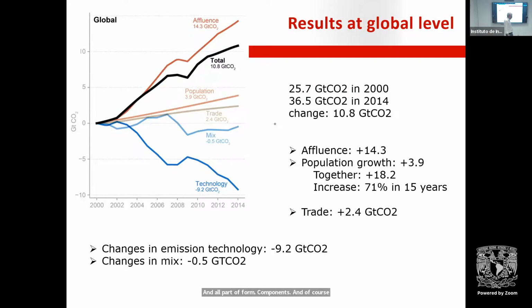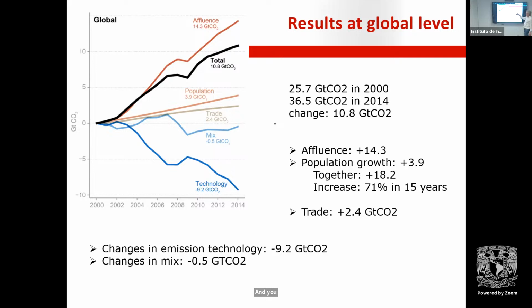And these are the results. So the CO2 emissions grew from 26 gigatons to approximately 37. So the increase was 11 gigatons between 2000 and 2014. The total is given in black. The number here is 10.8 gigatons. And the other lines reflect the components.